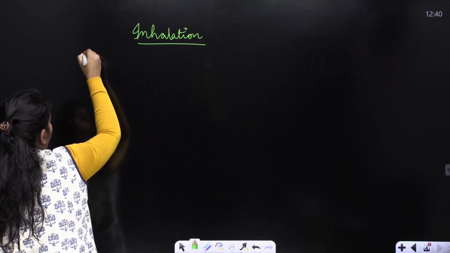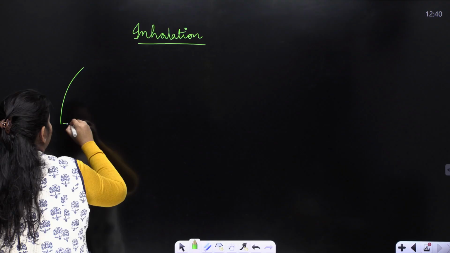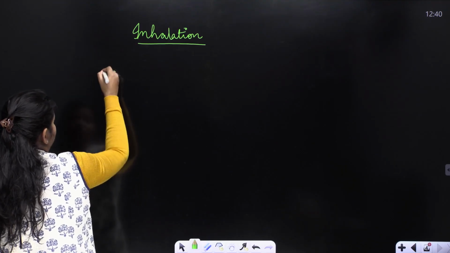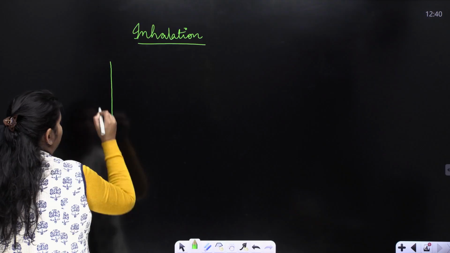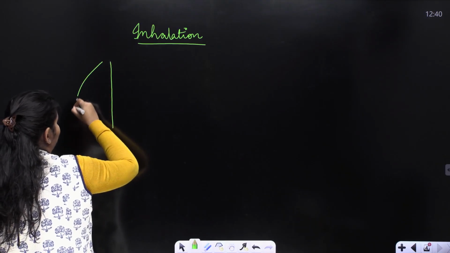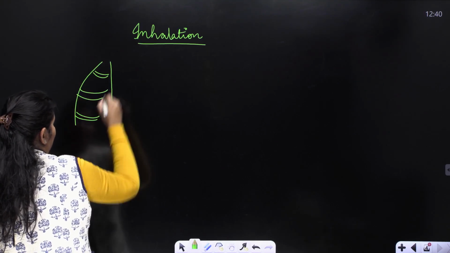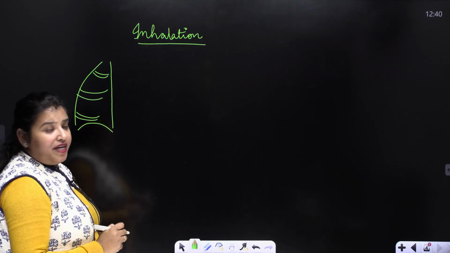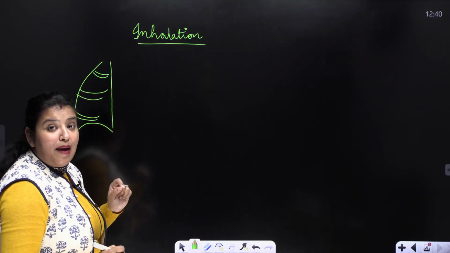I'll draw a rough thoracic cavity. This is the rib cage, this is the spinal cord, the vertebral column, then we have the rib cage, and this is the way the diaphragm is placed.